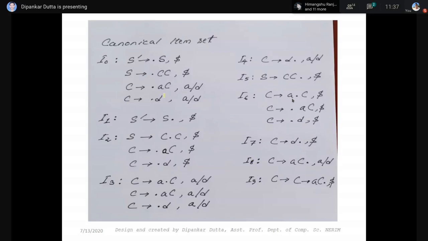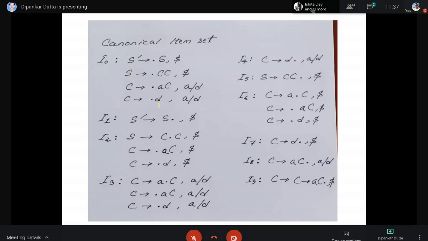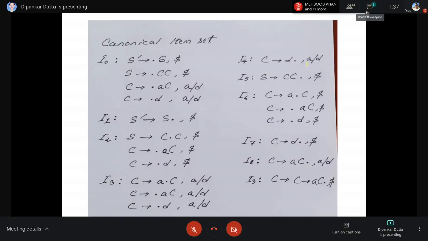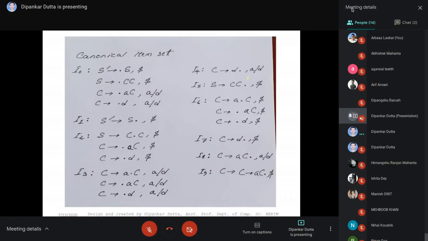Similarly, for dot AC you will get I3, and for dot d you will get I4. C implies d dot, and C implies A dot C, where it is in I3.